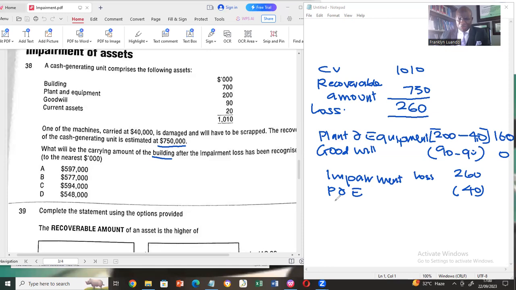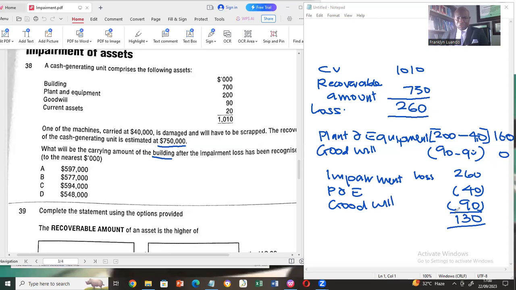We have allocated to goodwill 90. So the balance is 130. So the balance of 130 will be allocated to other assets on a pro rata basis.